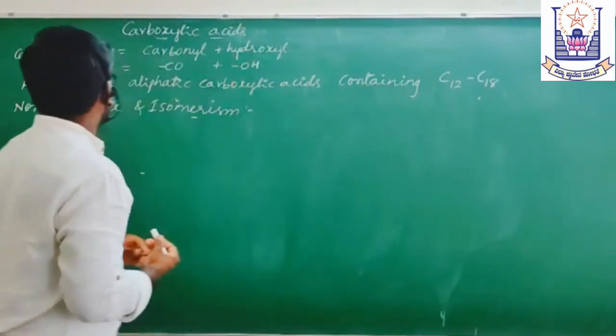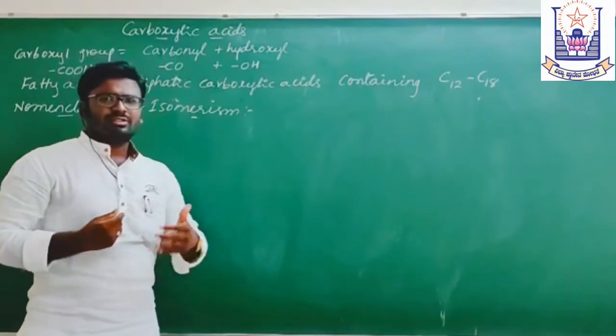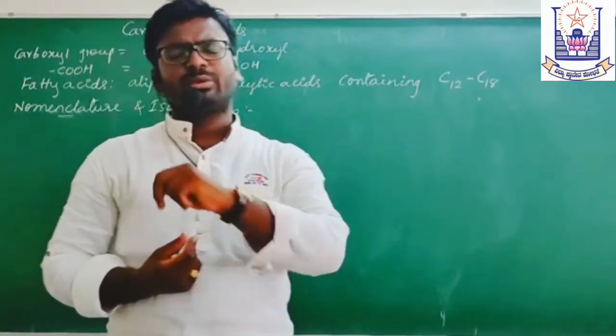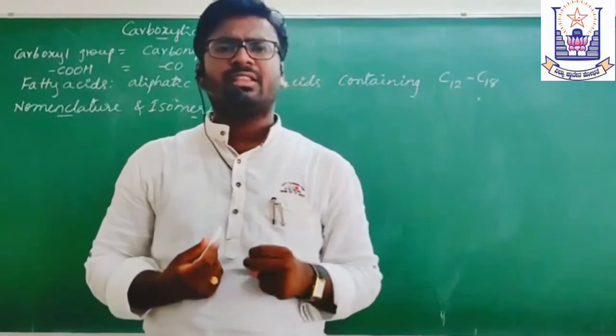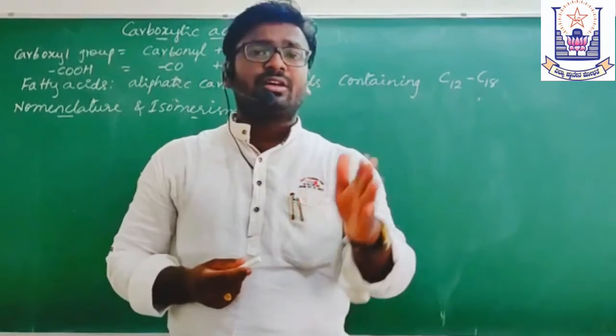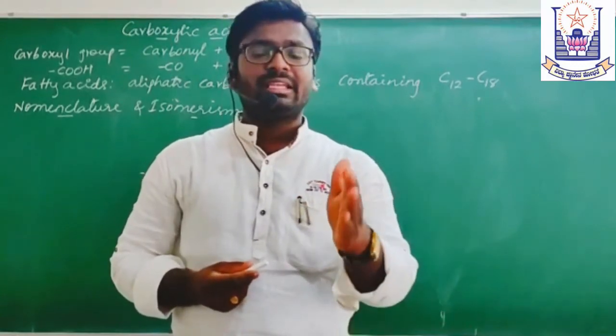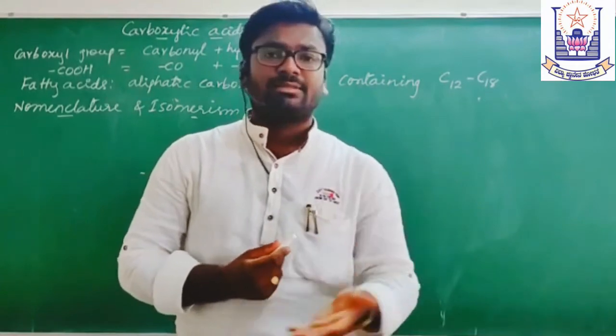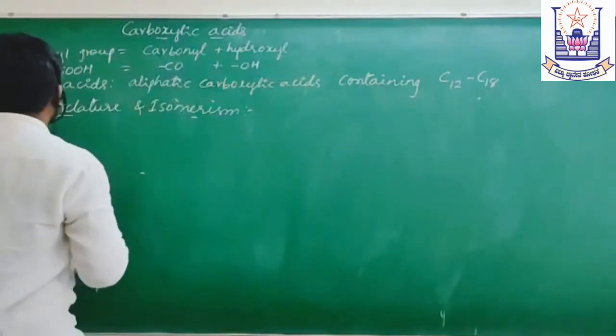In the nomenclature of any organic compound, there will be two names. One is the common name and the other one is the IUPAC name. You know that the common names are usually given based on the sources from which it is extracted.